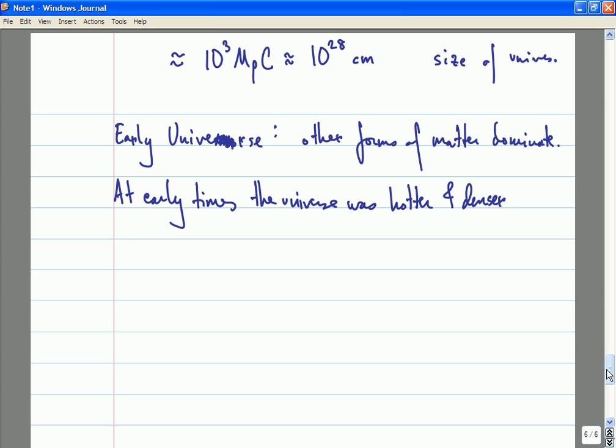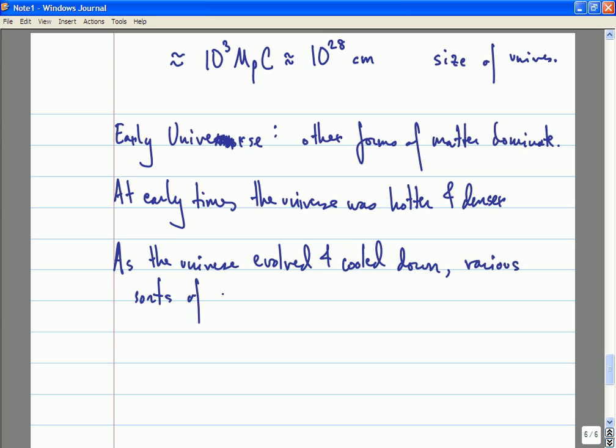And in fact, as the universe evolved and cooled down, various sorts of matter, and in particular fundamental particles, dominated the expansion.